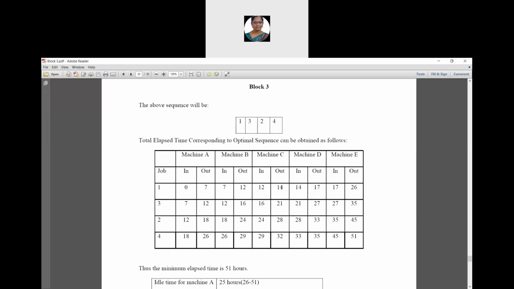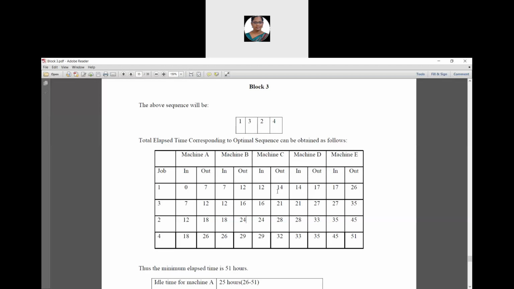Addition of in value 12 plus the processing time for the first job in machine C. It is 2. 12 plus 2, 14.